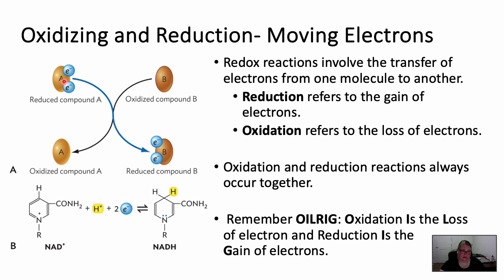Now, if we remove the electrons from compound A and give them to compound B, what happens now is because we removed electrons, A has lost electrons, so A is now oxidized. B, who didn't have electrons before, was oxidized, and now that we have added the electrons to it, it's going to be reduced. Okay, so oxidation reduction reactions are how we move energy through a system through electrons.